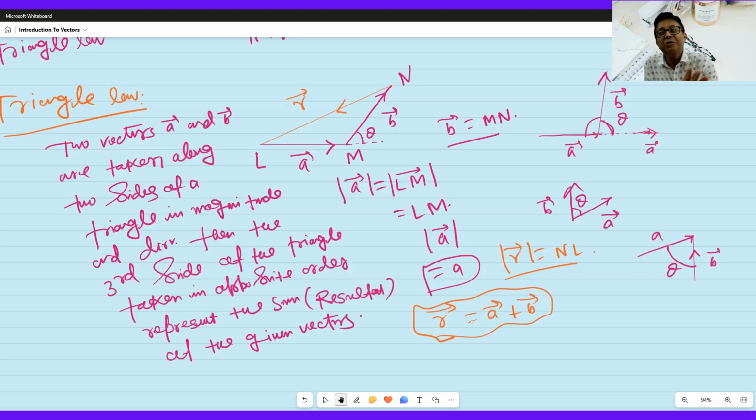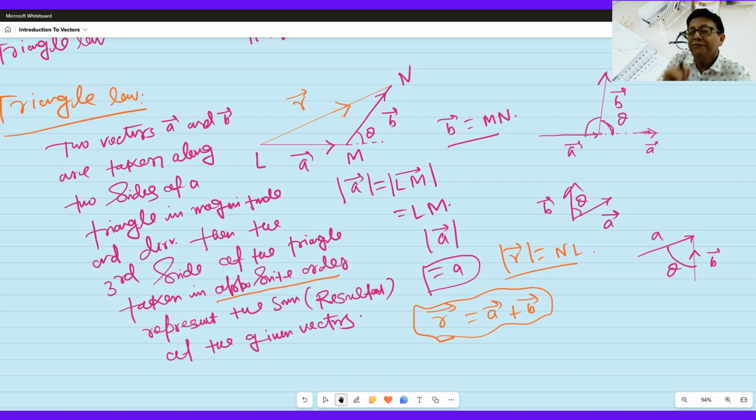But the magnitude you don't know, and in what direction the R vector is acting, that also we don't know. One mistake I have made there: this vector will have direction. What I said, taken in opposite order, opposite order means this arrow will go this way. Clear?